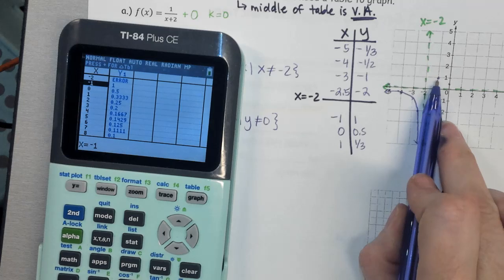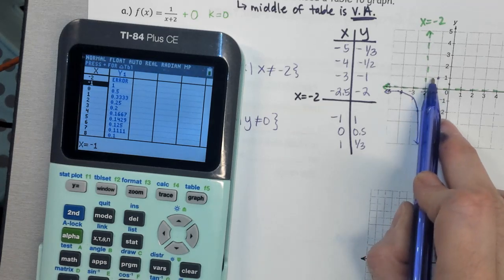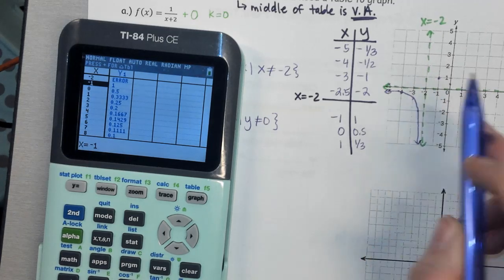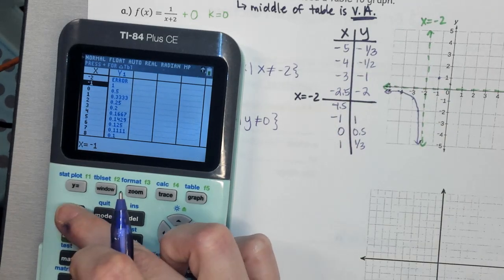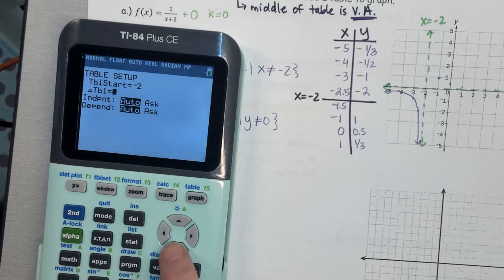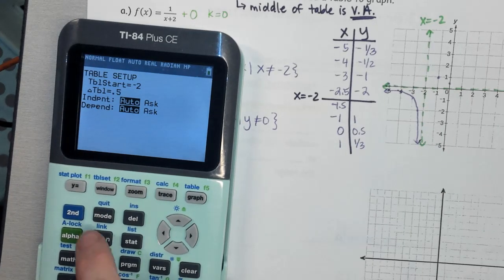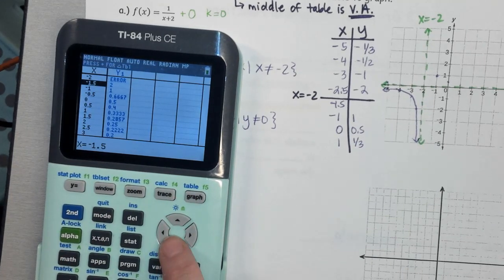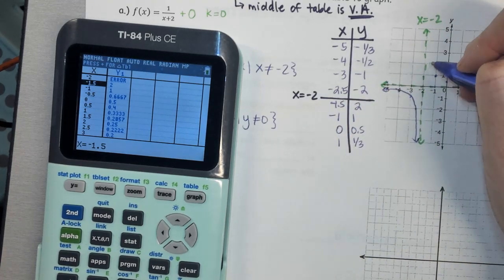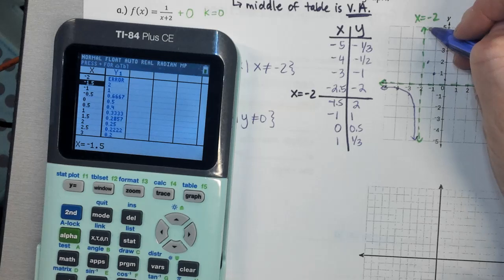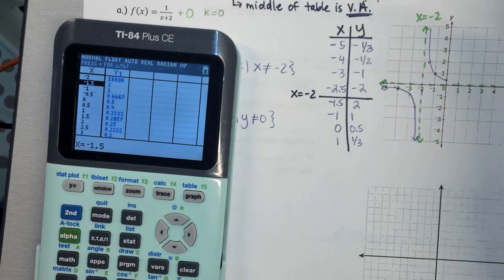So again, it's going to be helpful to see what happens in between these two whole numbers. So I'm going to see what happens at -1.5. Another way you can do that is you can make the change in your table a half, so that when you're here, it's going to give you 2. And that's going to help you graph this part of your curve.